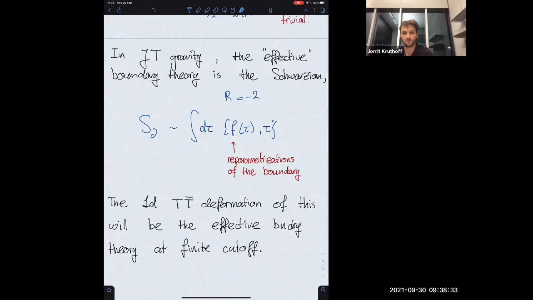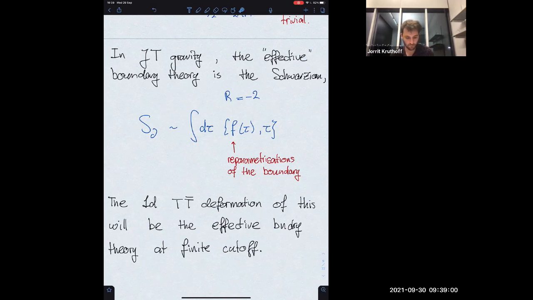In a similar way as the Schwarzschild theory describes the gravitational dynamics in the bulk of AdS2 at infinite radius, the TT-bar deformation of this should describe the gravitational dynamics inside a finite patch of AdS2.